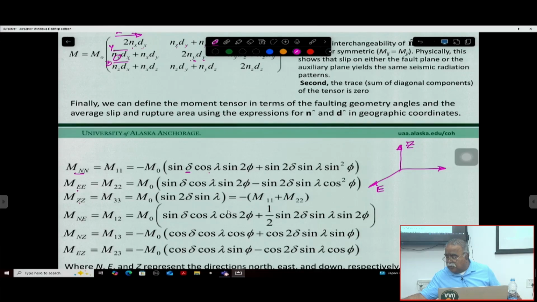This is your geocentric calculation. That means northing, easting, and the vertical.